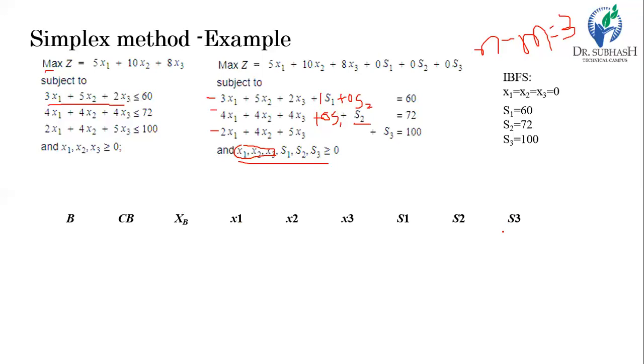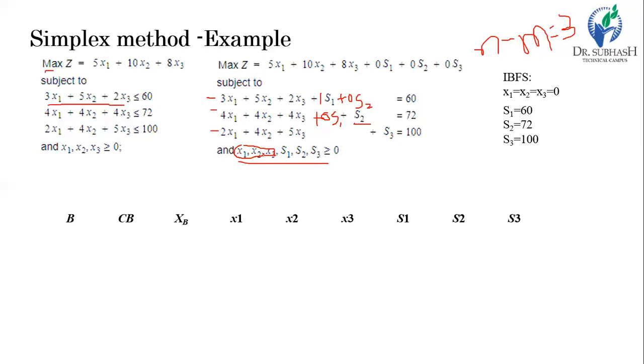Now, basic variable is another term. Basic variables are the variables which take part in the solution. From these variables, those that are present for the calculation or under consideration are called basic variables, and those that are not part of the table at this stage, or of this particular iteration, are called non-basic variables.